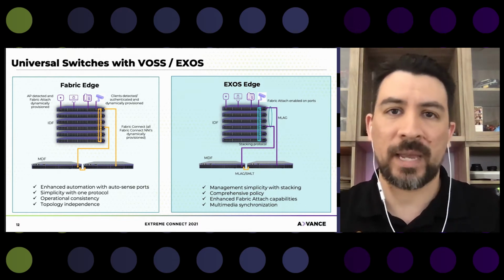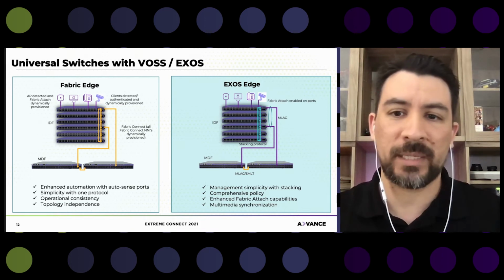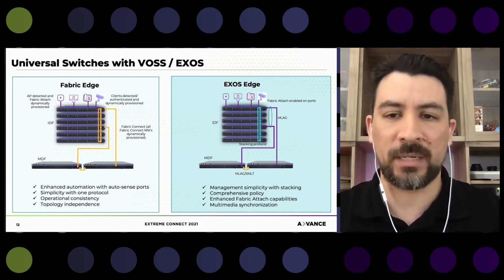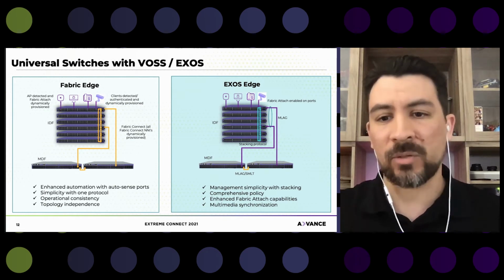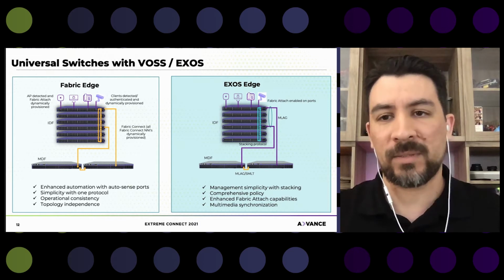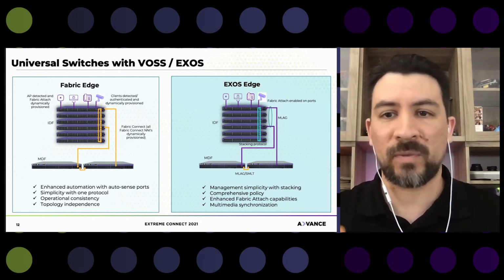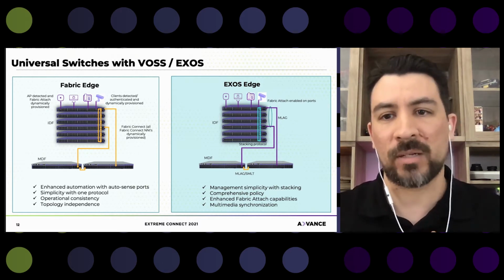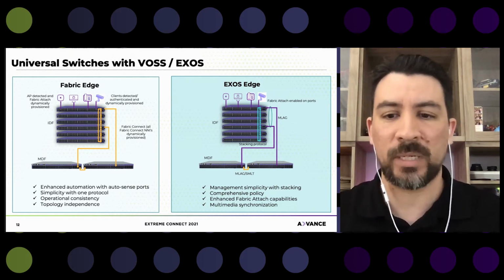And you do have the option to scale your uplinks down to, as you can see here, an MLAG or SMLT configuration. We also offer comprehensive policy configuration that gives us the ability to provide additional control mechanisms around the devices that are attached to our EXOS switches and or stacks, which we'll be going over.